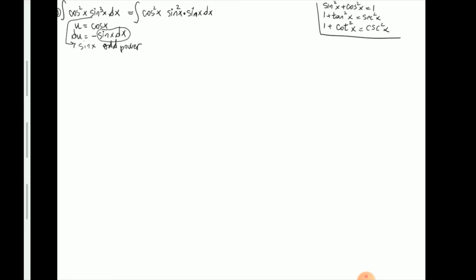And we're going to use the same identity, but this time replacing sine squared with 1 minus cosine squared, because the idea is to write everything in terms of cosine of x. So now my integral becomes the integral of cosine squared of x times 1 minus cosine squared, and then sine of x dx.